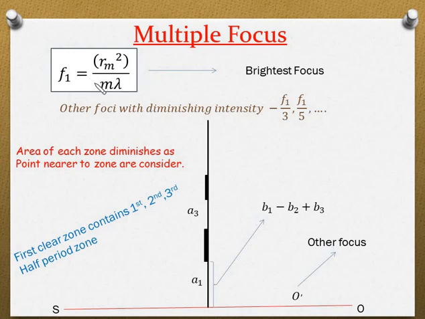Here, m does not matter because Rm square is proportional to m, so it will cancel out. So it is nothing related to the number of zones. It is directly related to the point of observation.